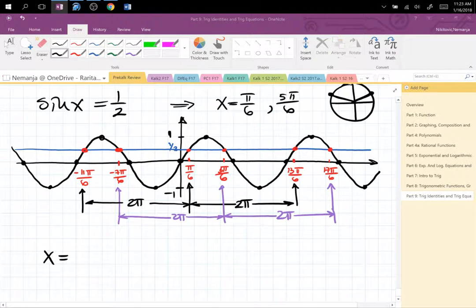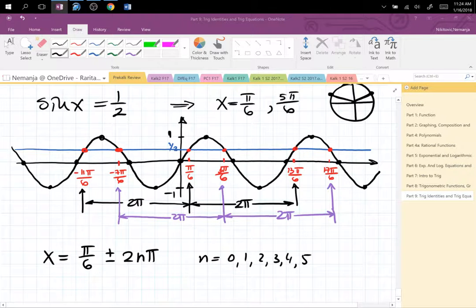All of the black answers are going to start at pi over 6, and they're going to add and subtract 2n pi, where n is 0, 1, 2, 3, 4, 5, and so on. Observe what this does.